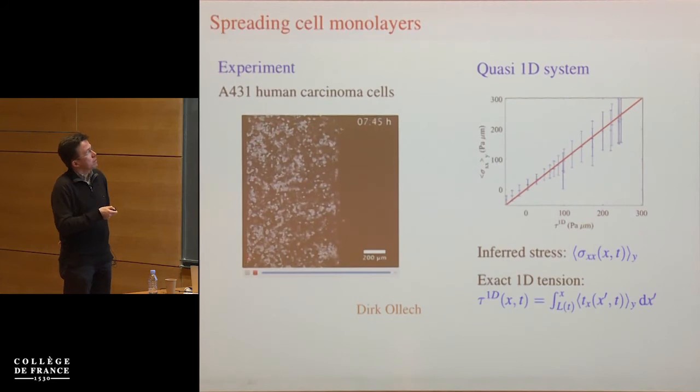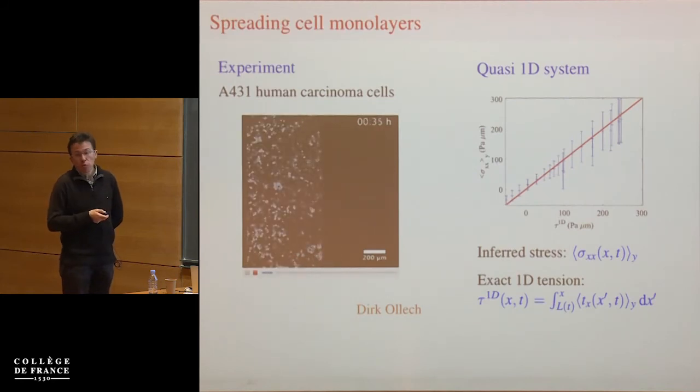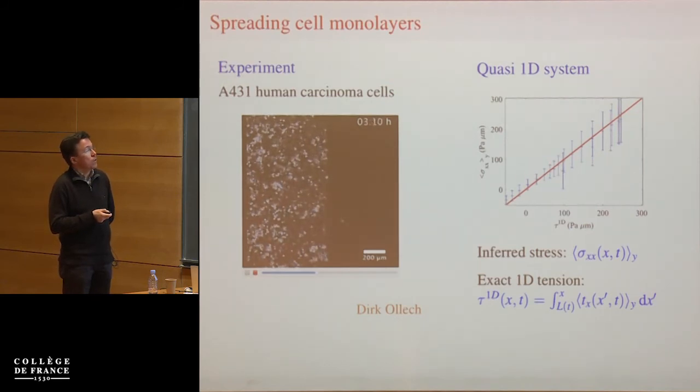What you can see here is that, avoiding cells which are too close to these boundaries, the inference method is pretty robust and still works quite well.